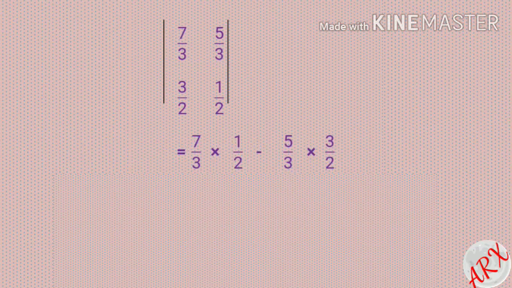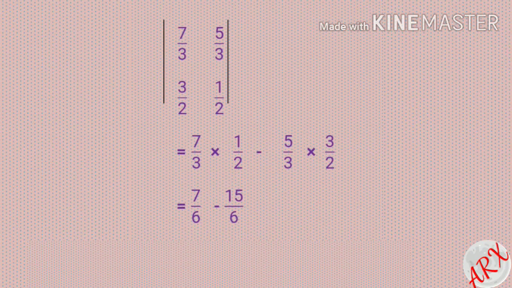7 upon 3, 5 upon 3, 3 upon 2 and 1 upon 2. So the solution will be 7 upon 3 multiplied by 1 upon 2 minus 5 upon 3 multiplied by 3 upon 2.